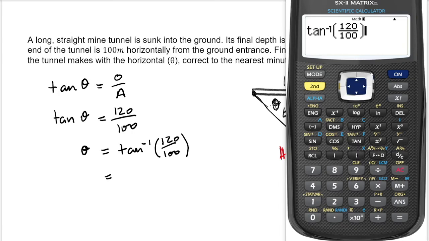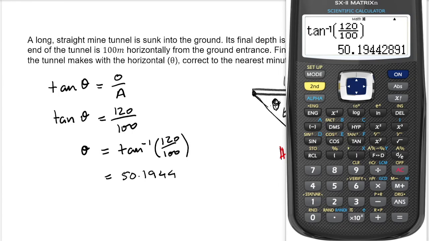Get out of that bit, hit the bracket, and equals, and it's going to be 50.1944. So let me just write that in, 50.1944.